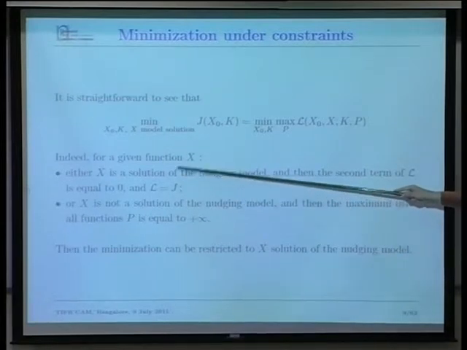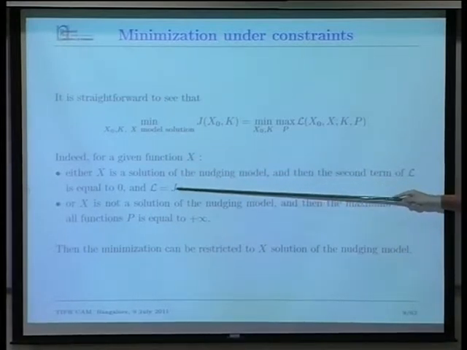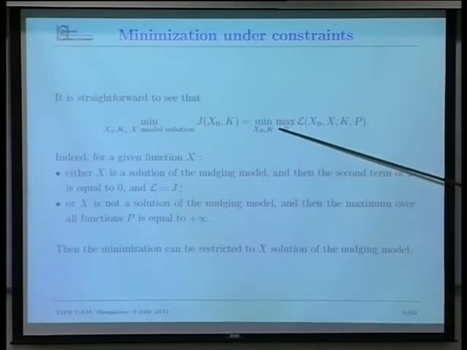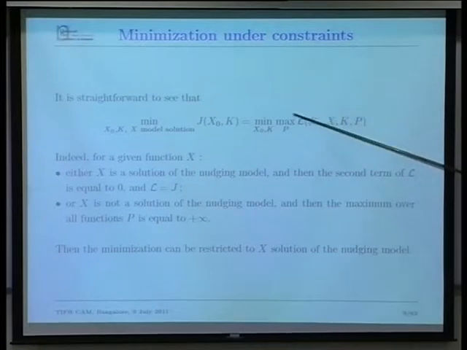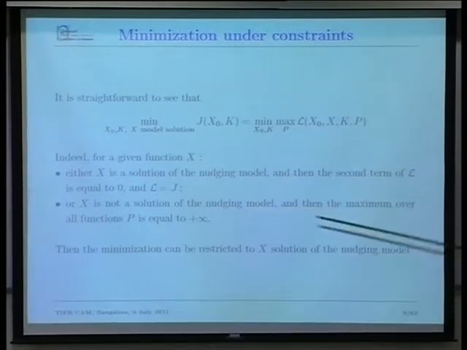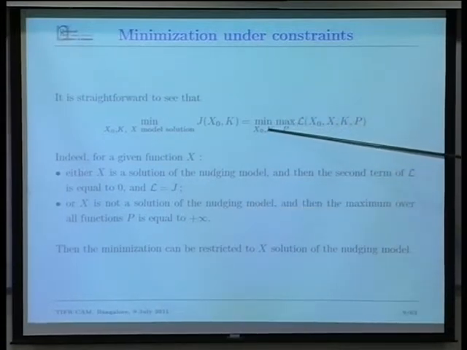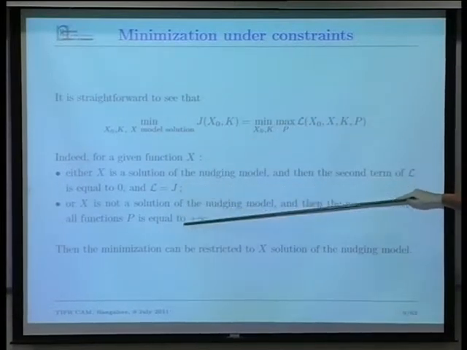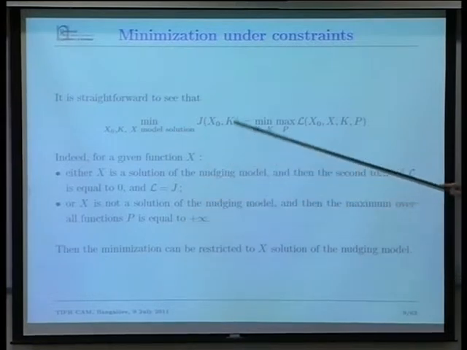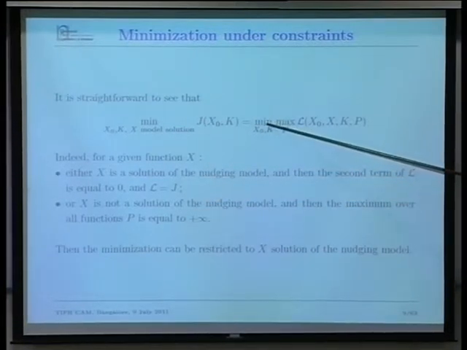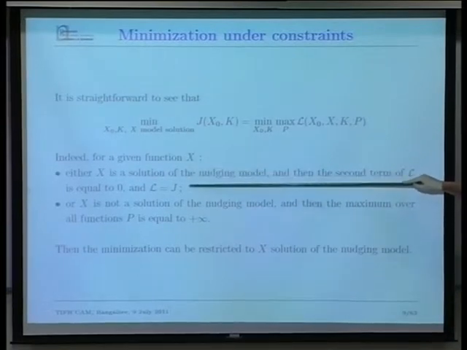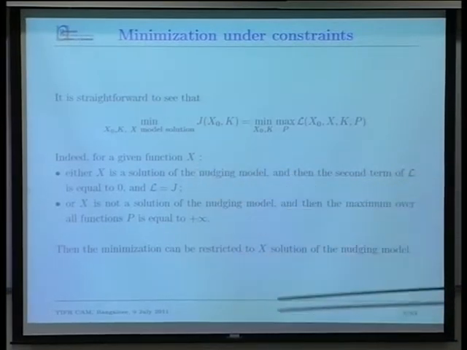So if x is a solution of the model equation, then L is simply J. If x is not a solution, then the maximum here is plus infinity. Then if you minimize a function that is either J or plus infinity, the minimum is simply the minimum restricted to the case when x is a solution.